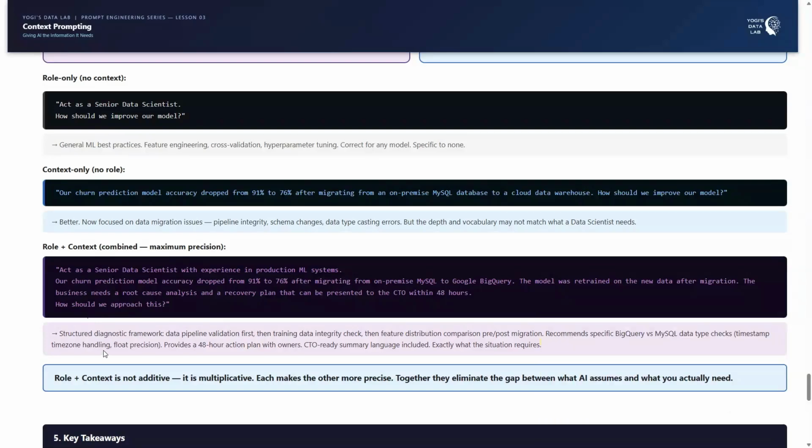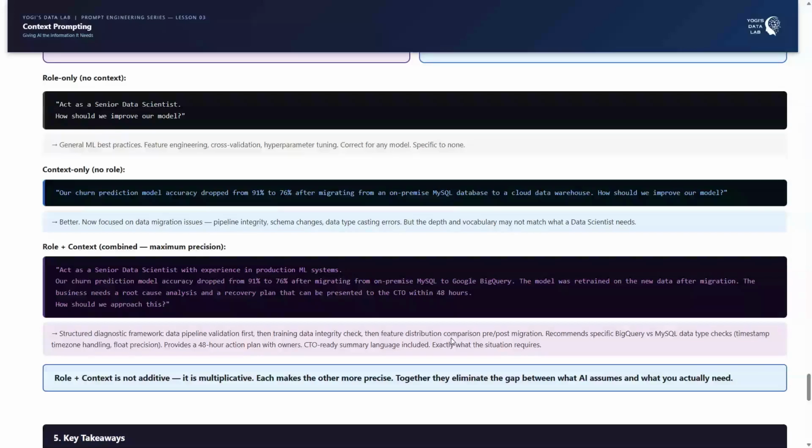Now, what it will do is look at a structured diagnostic framework: data pipeline validation first, then training data integrity check, then the feature distribution comparison pre and post migration. It recommends specific BigQuery versus MySQL data type checks like timestamp, time zone handling, float precision, and provides a 48-hour action plan with owners, with CTO-ready summary language included, exactly what the situation requires.